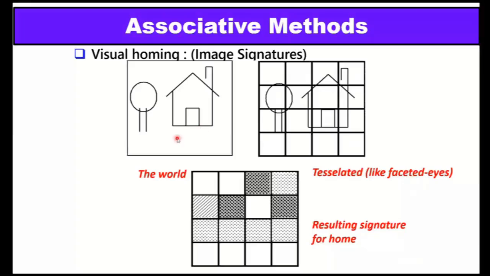Again, we can find distances from this real world also. For example, when the pan of the camera moves, we can recognize the object from this distance. So this is what the associative method is.